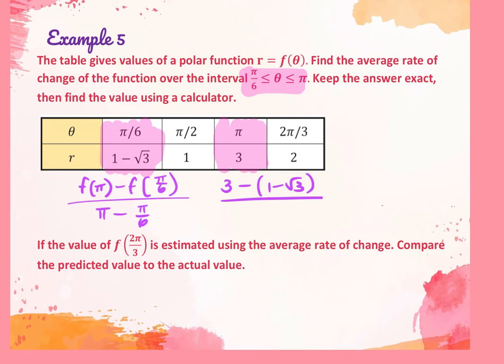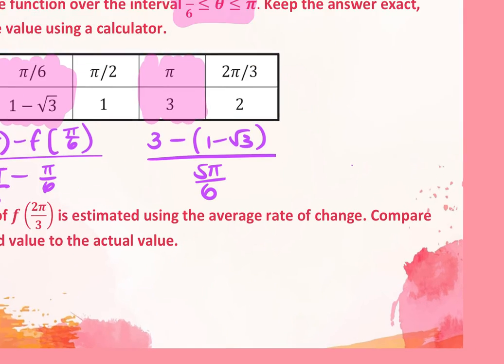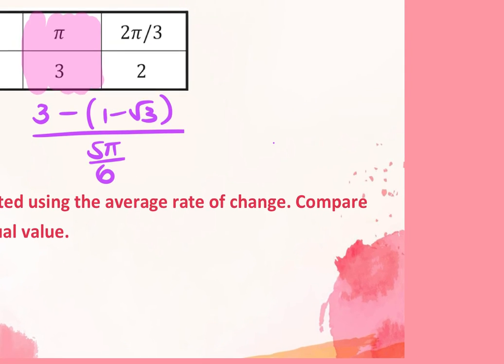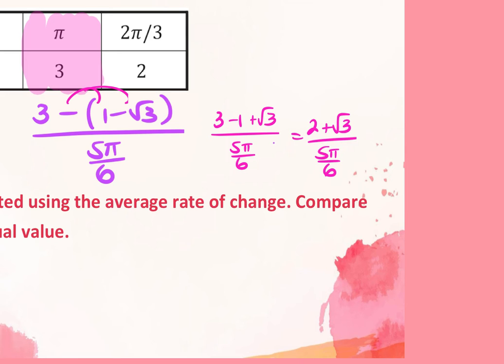Over, I need to find a like denominator down here. So 6 pi over 6 minus pi over 6 is 5 pi over 6. So now distribute this. And I get 3 minus 1 plus root 3 over 5 pi over 6. Or 2 plus root 3 over 5 pi over 6.